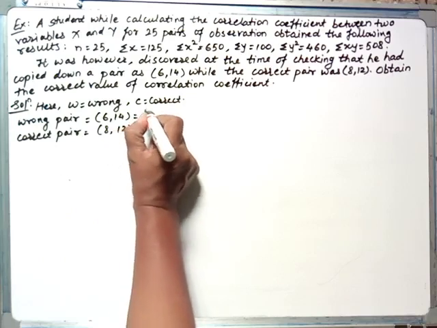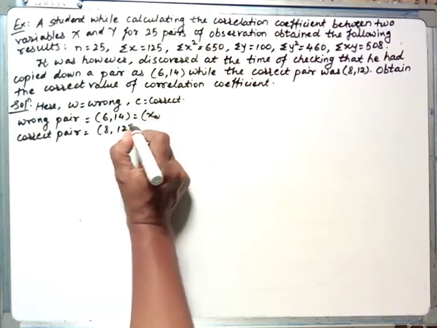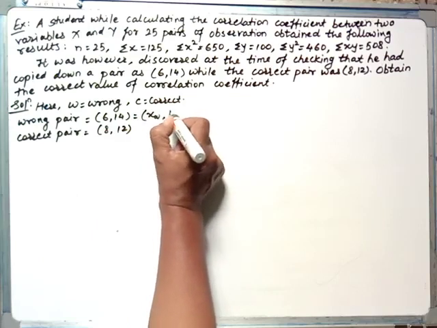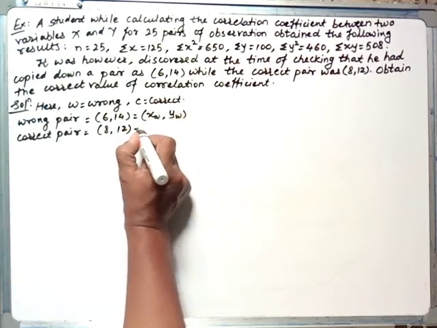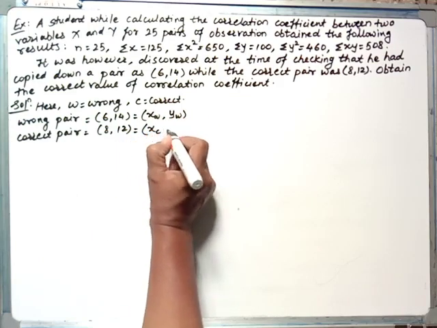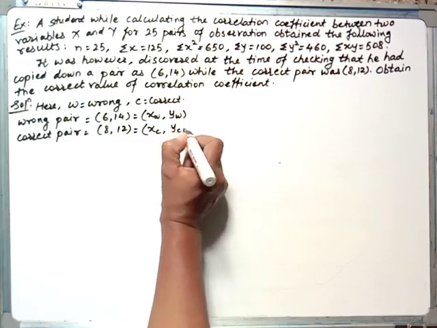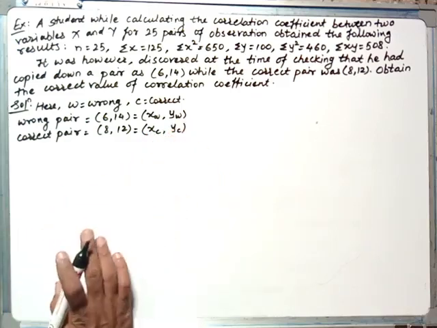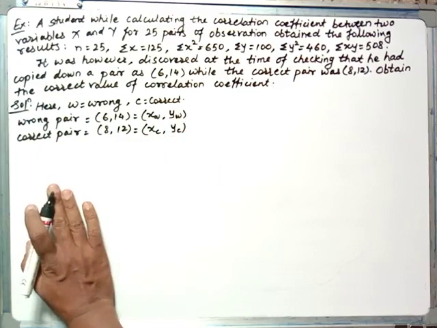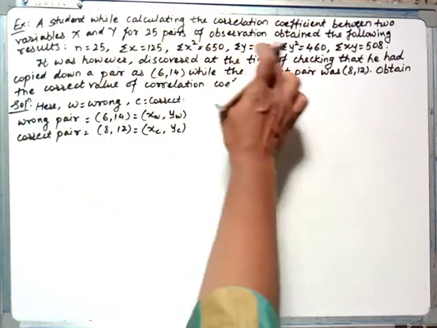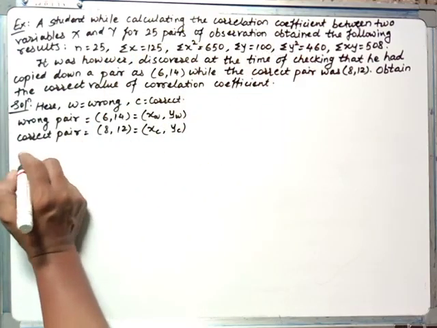So this is the wrong x value, this is the wrong y value, while this is the correct x value and this is the correct y value. Okay, so now these sums are also wrong.